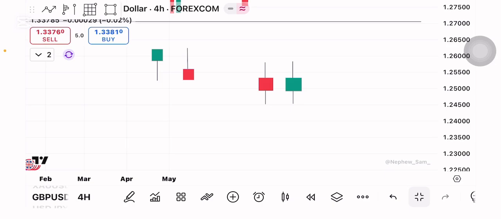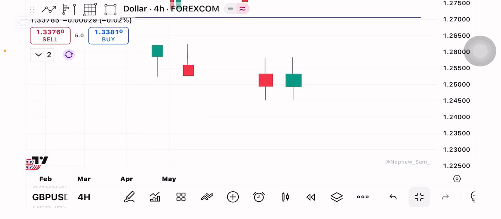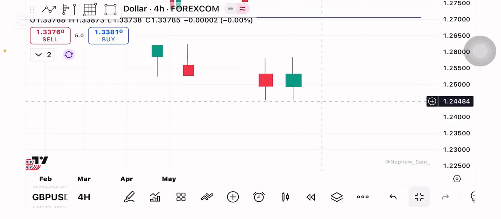So the spinning top is like an indecision candle, but it gives you a direction. It tells you what to do next. You understand? For a bullish spinning top, it indicates that price is going to go up.